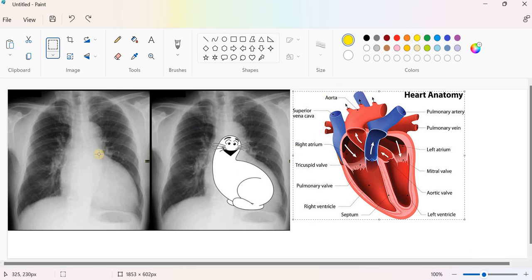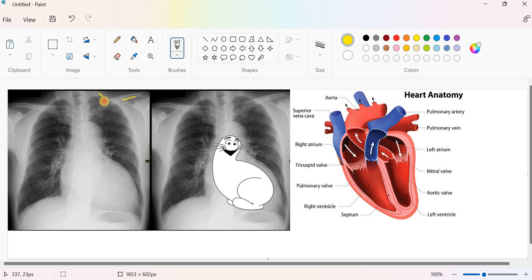If I want to count the ribs in this photo, this is our clavicle, as we knew before. This is the first rib, and here again I remind you we are counting the anterior ends of the ribs in a postero-anterior view chest X-ray. Usually if you want to trace these ribs, you have to start from the periphery, then move along the shadow of the rib downward, forward and inferior.